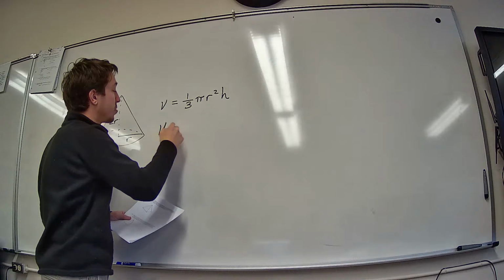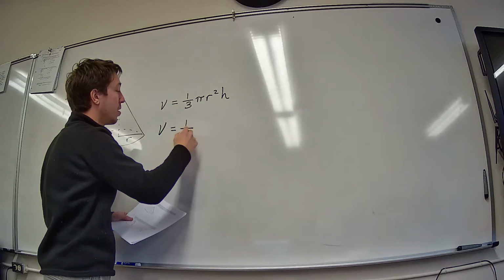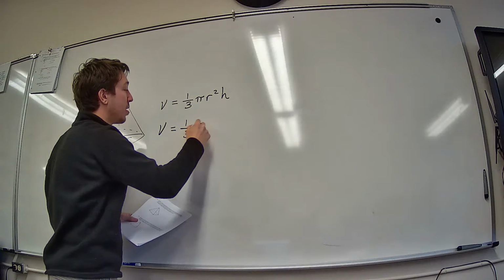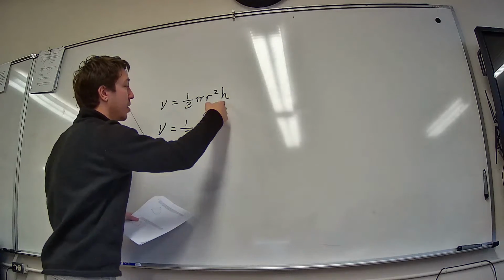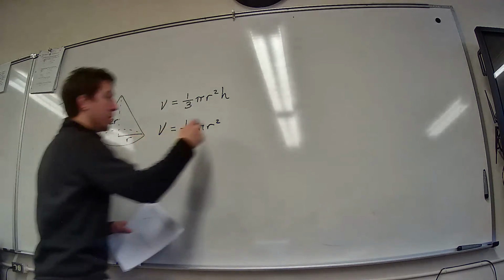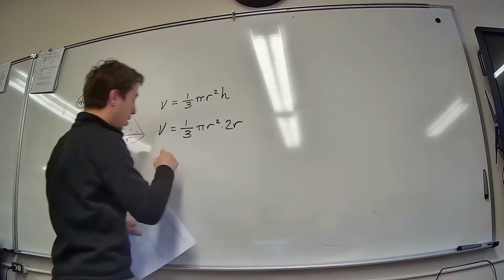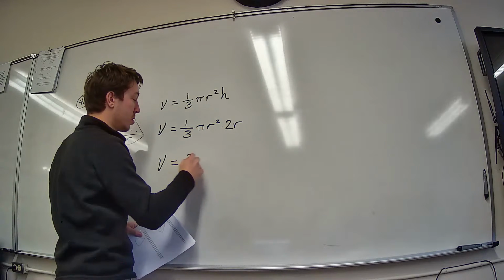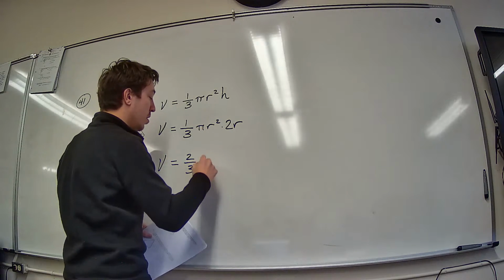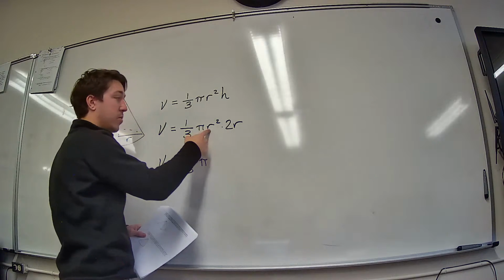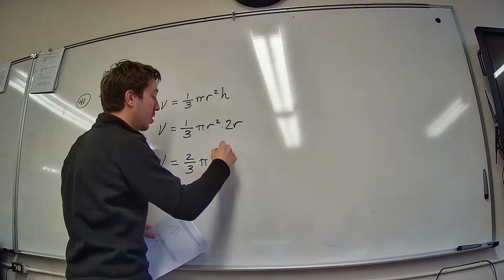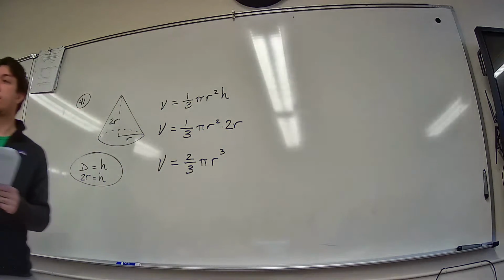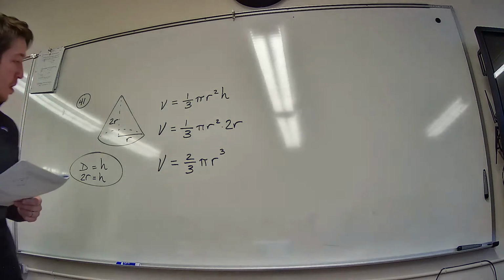So what I'm going to do is replace the h. Height is equal to 2r. So let's simplify this formula. 2 times 1/3 is 2/3, and r squared times r is r cubed.